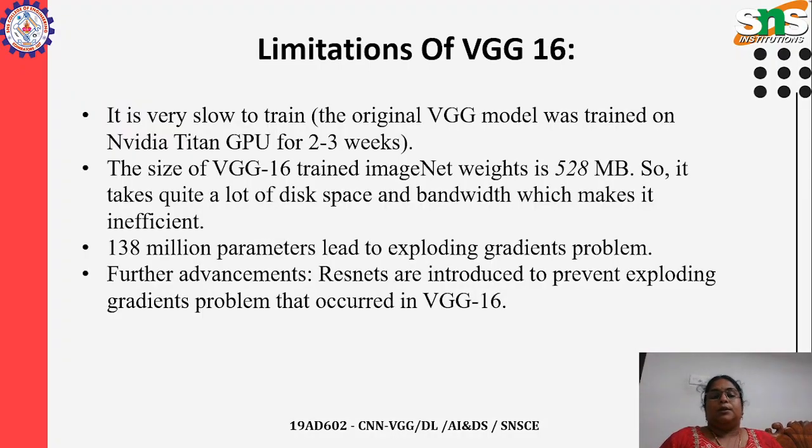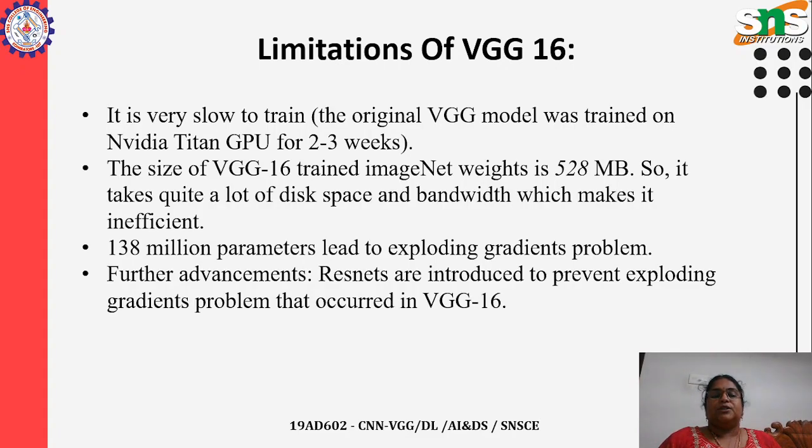This model also has some limitations. It is very slow to train because it has a very large dataset and does 1000-class classification, so obviously the network will be slow. The original VGG model was trained with NVIDIA Titan GPUs for 2 to 3 weeks.